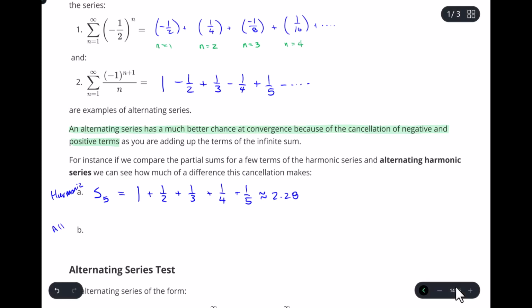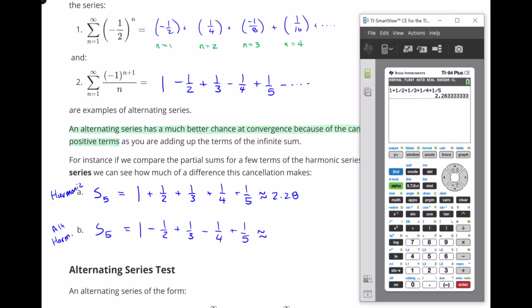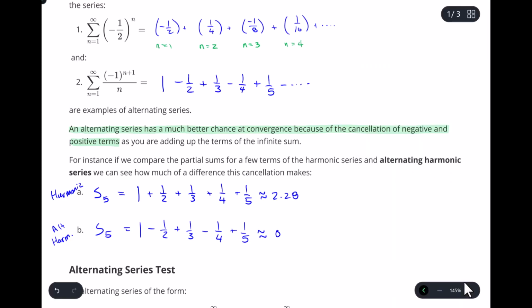Now, for the alternating harmonic series, if I sum up the first 5 terms, it's 1 minus a half plus a third minus a fourth plus 1/5. So what's happening here is I'm going to get some cancellation. The total now is about 0.783, or I'll just say 0.78 for simplicity.